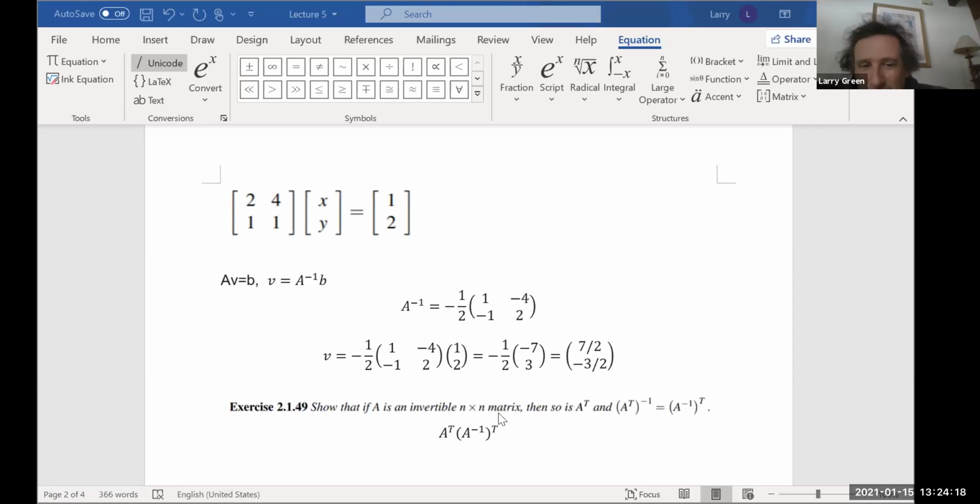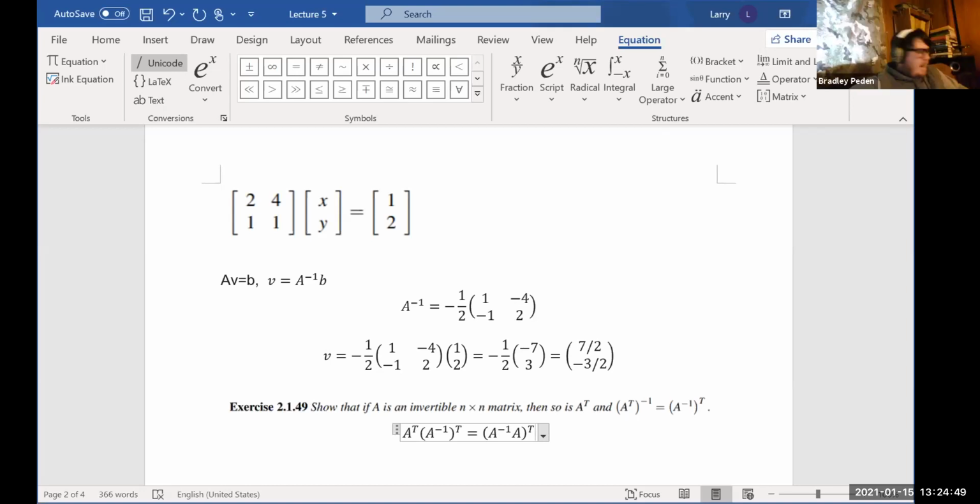If you remember, that said that if you have a multiplication of two matrices and each are transposed, then that's the same thing as transposing the backwards multiplication. So that is equal to the backwards multiplication, which is A inverse times A, all transposed. Do you remember that little formula? It was a nice little formula for transposes.